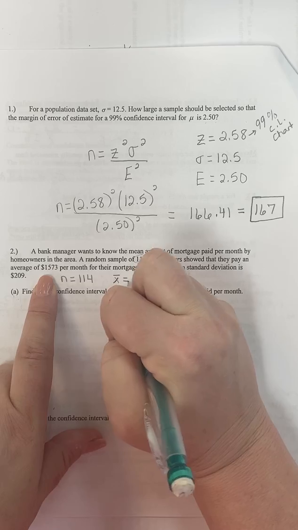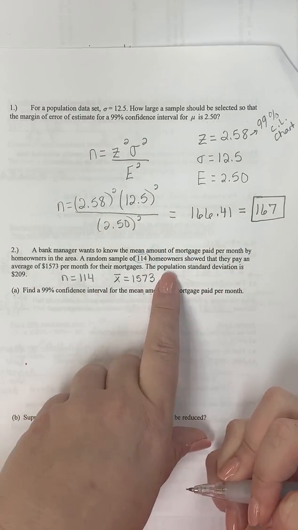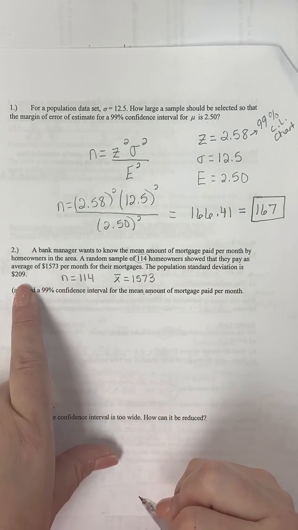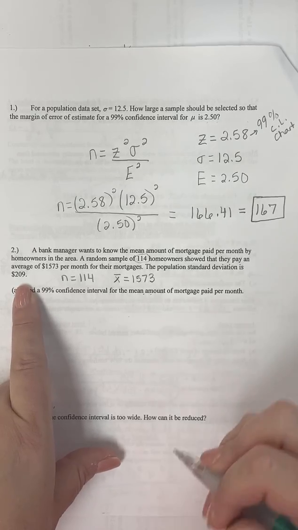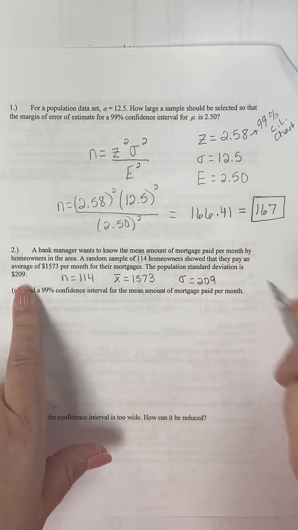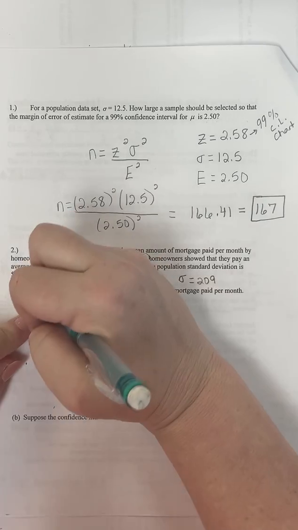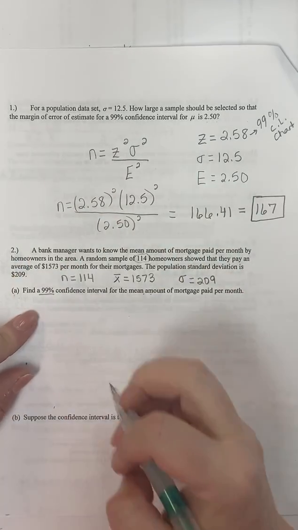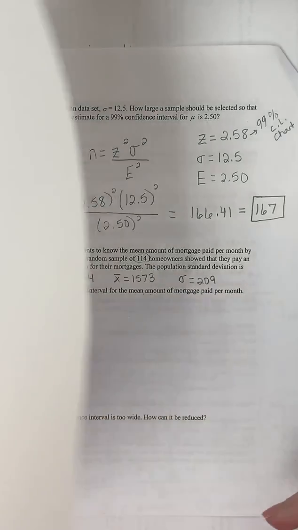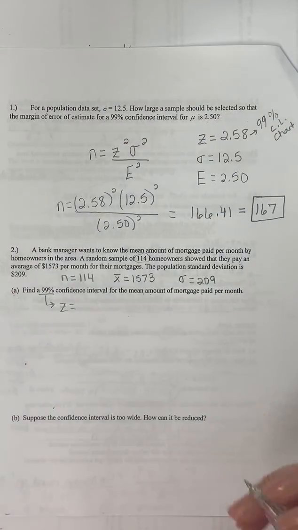That is our X bar. The population standard deviation is 209. What symbol is population standard deviation? That's sigma. Again, you have to know your symbols. And we want a 99% confidence interval. This tells me that I need to go to my chart and that my Z is 2.58.